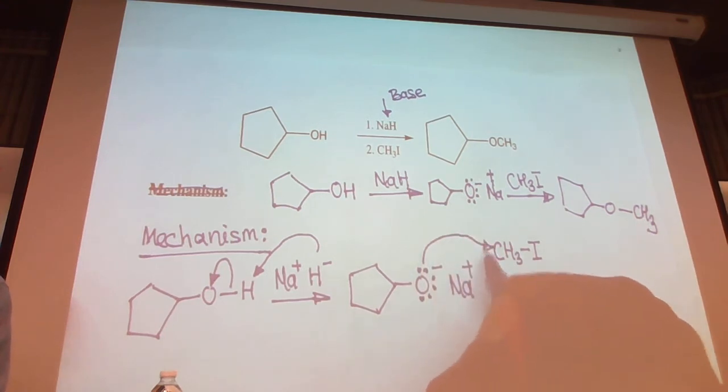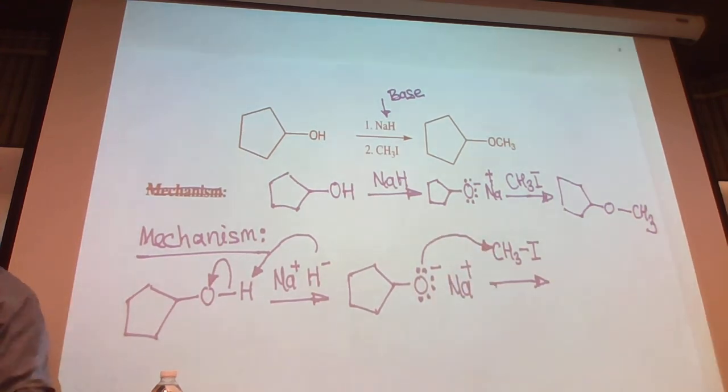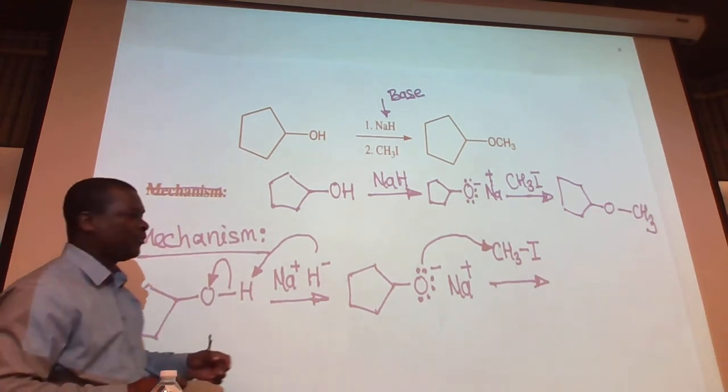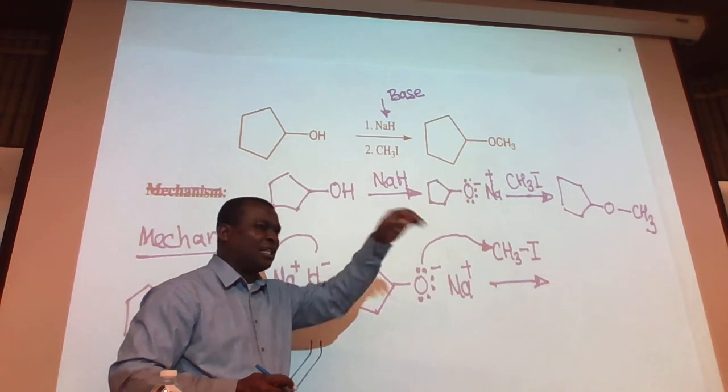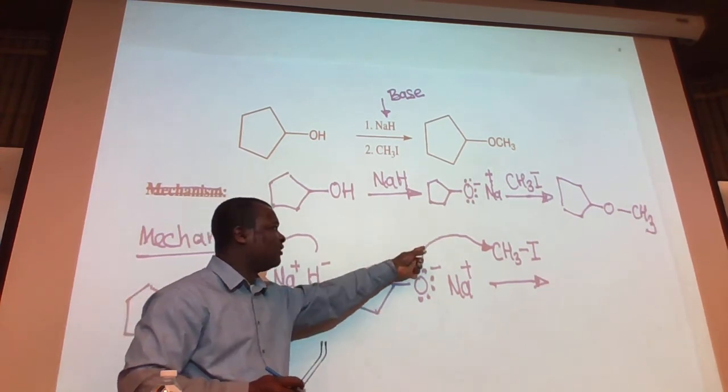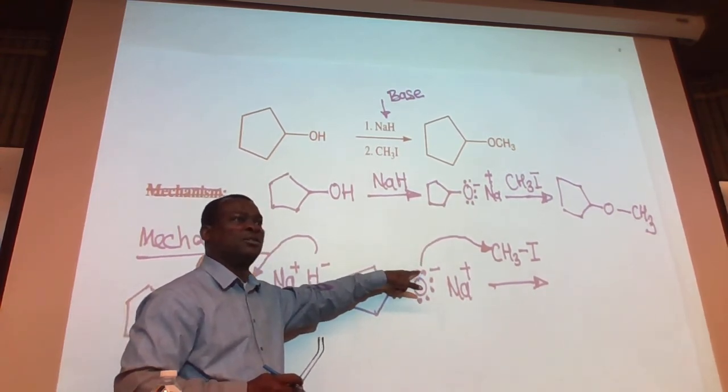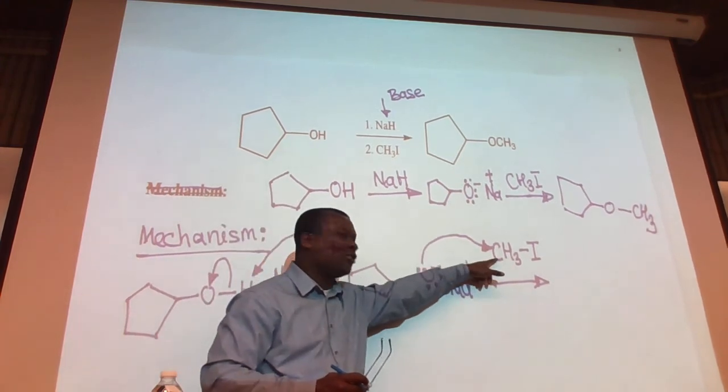When you're drawing this, I got emails from people asking questions. They drew the mechanism and it was showing as incorrect, and I looked at it and responded. When you're drawing a mechanism, what you're moving is electrons. So if you want to draw this arrow, you have to pick the electron and move that electron to the atom where you want it to go.